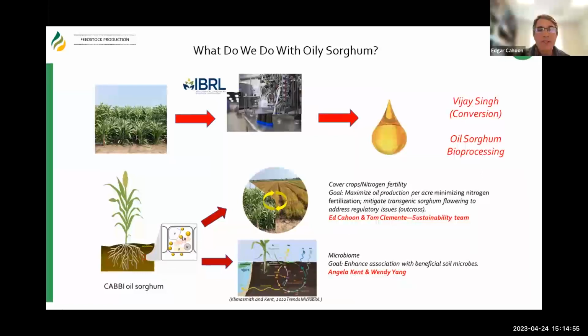We're working with sustainability groups like Angela Kent and Wendy Yang to see if oil that accumulates maybe in the roots of the plant can affect the microbiome of the soil. Because organisms like fat. It's not just that we store fat, but other organisms like to eat fat because there's a lot of energy that can be derived from it.